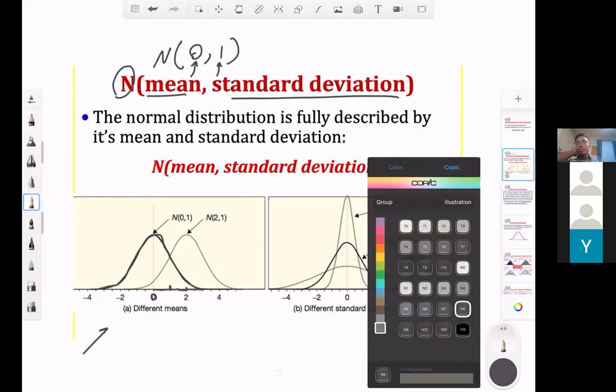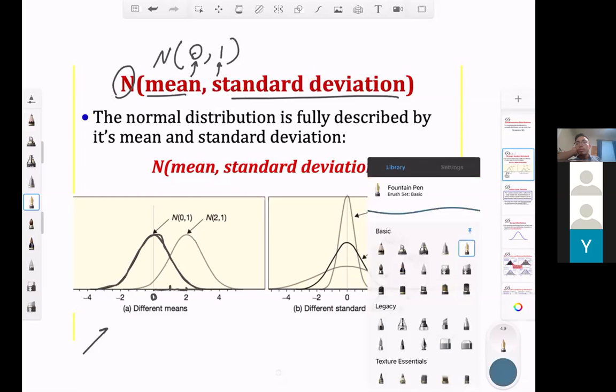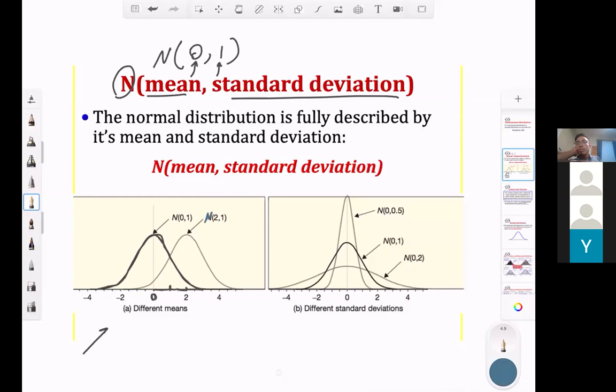So let's have N(2, 1). 2 is the mean. So here is the mean. The center of the bell is the mean, x bar. And the standard deviation is 1.